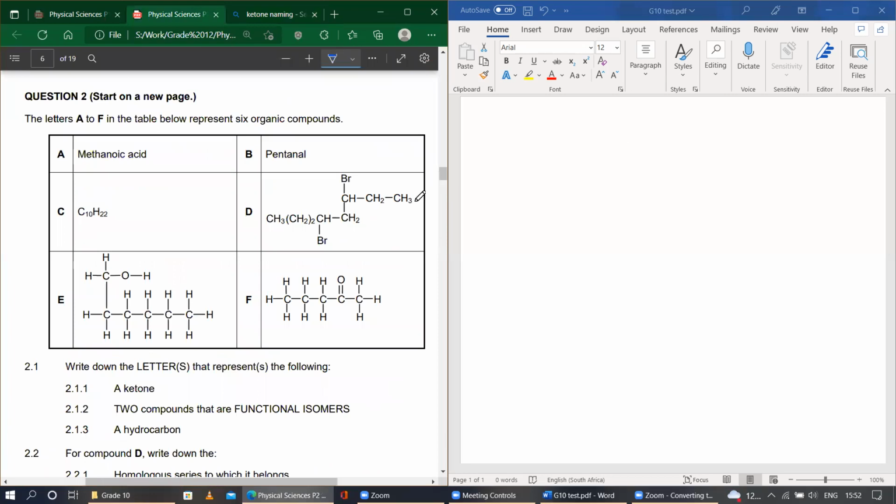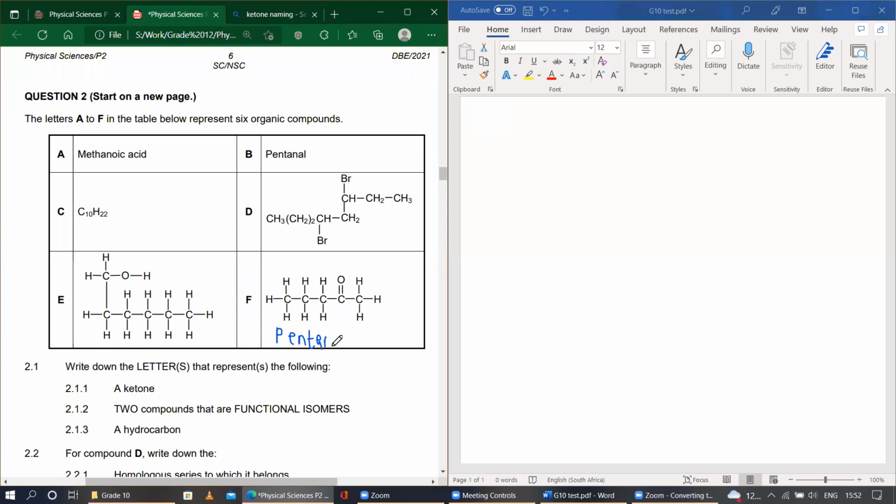So in this case, it's basically pentane, and the E is replaced with one. So pentanone. So that's the name of this. And now we must find the positional isomer of pentanone.